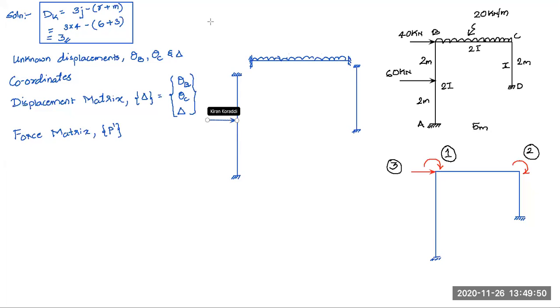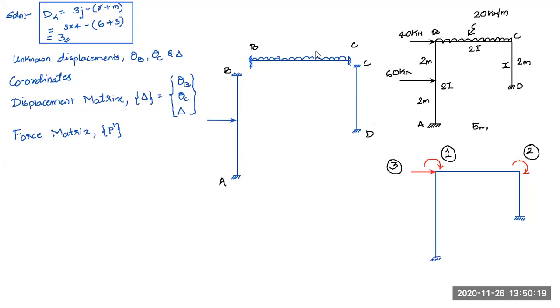Okay. Now, when you are working with the P dash matrix, you are mainly finding the forces which are developed in the coordinate due to the applied loads. So here, this is my member AB. You have to determine the fixed end moments in member AB, in BC as well as in CD. If you find those fixed end moments, then we can calculate the P dash matrix elements.